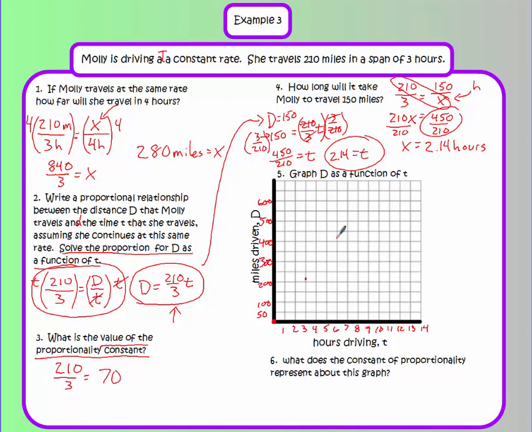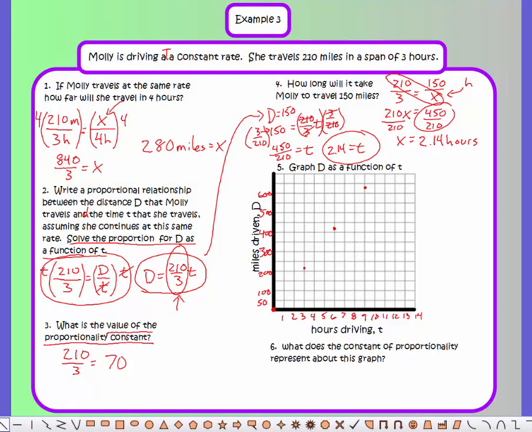Where am I getting these numbers from? It was the slope, this rate of change, 210 over 3. So from 420, I'm going to go up to 630, and 3 more hours pass. And hopefully this makes a linear relationship once again.